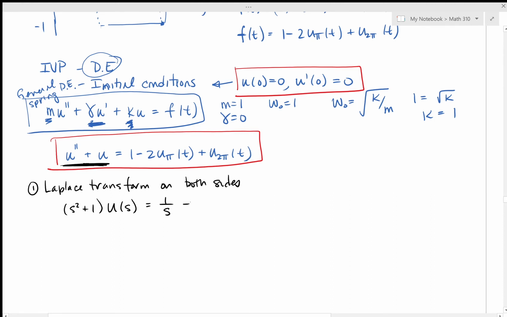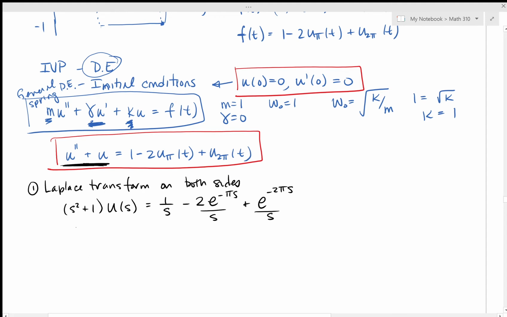The Laplace transform of 2 u pi of t is 2 e to the minus pi s over s, and then the Laplace transform of u of 2 pi of t is plus e to the minus 2 pi s over s. So the Laplace transform on the right hand side, you can read those directly off the table, or if you wanted, you could get them from the definition of the Laplace transform. Clearly, using the table is the way to go for these straightforward ones like this.